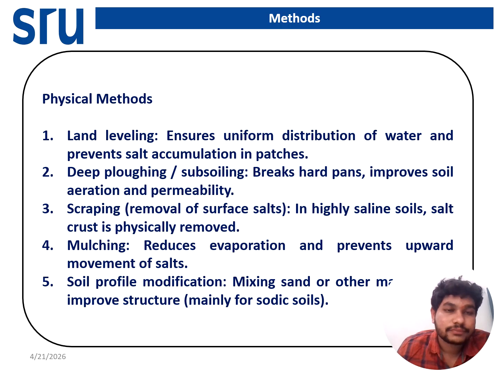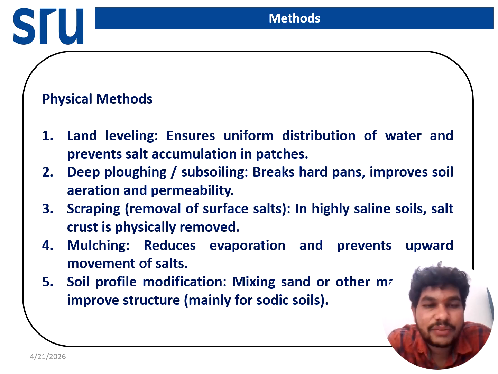Okay, so some physical methods we consider for saline soil management are land leveling and deep plowing. Deep plowing means breaking up the subsurface hard pan. Land leveling means we have to level the land for uniform distribution of water. Mulching is used to reduce evaporation and prevent the upward movement of water.